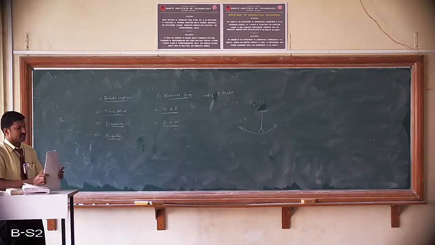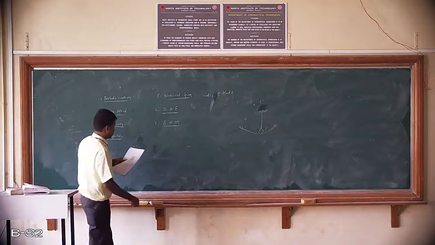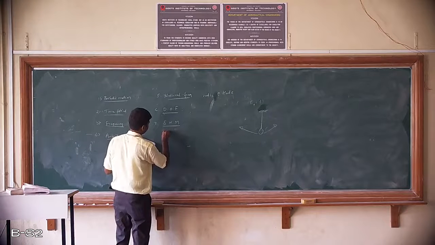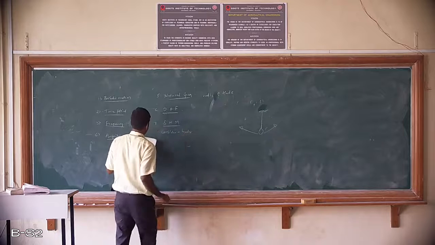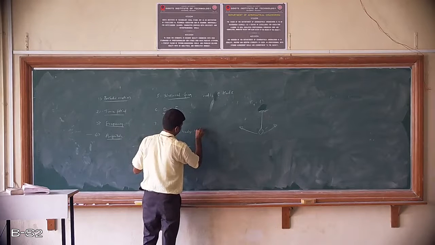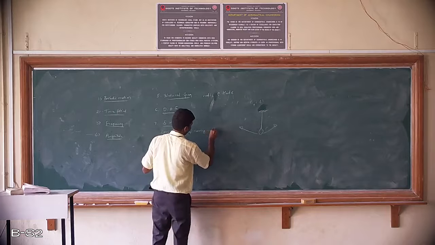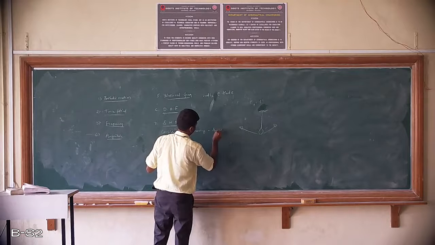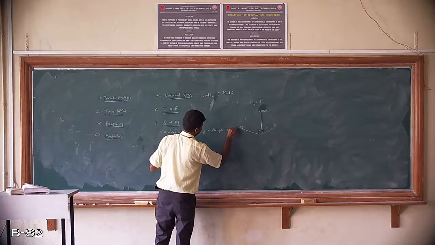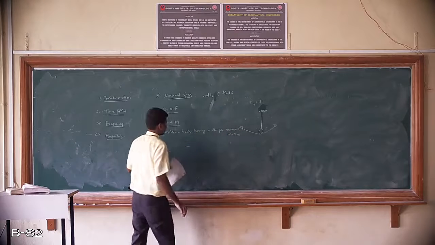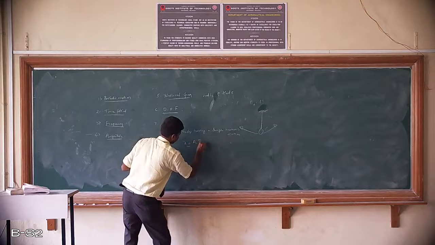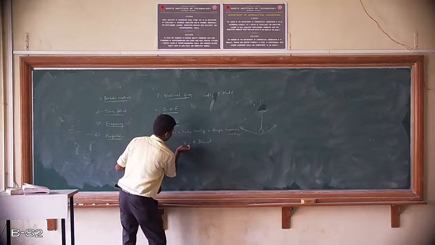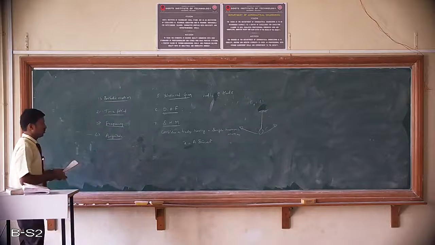Let's consider a body having a simple harmonic motion, and it is represented by the equation x is equal to a sine omega t.